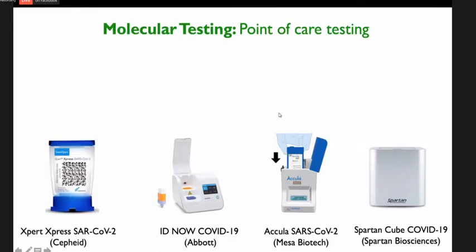And these point of care tests are really interesting because they are technically very simple and can be set up in very small scale laboratories that will help to diagnose COVID-19 in the coming days.